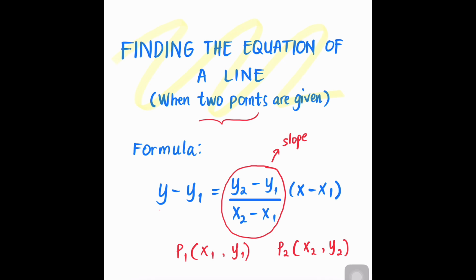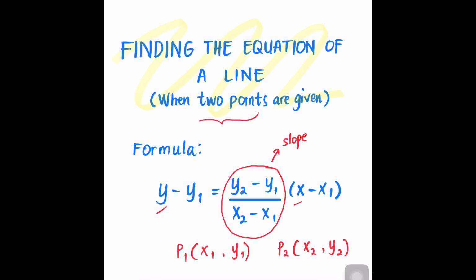Now, for the variables y and x, they will just be retained. Because we're looking for the equation of the line given 2 points, the equation must have the x variable and the y variable. So we're not replacing them.